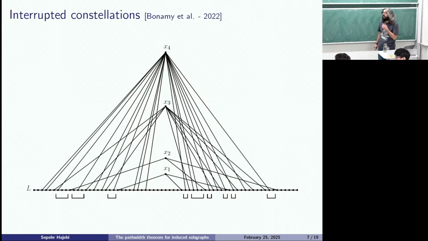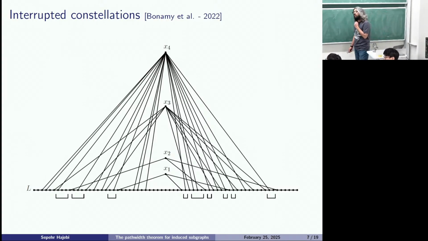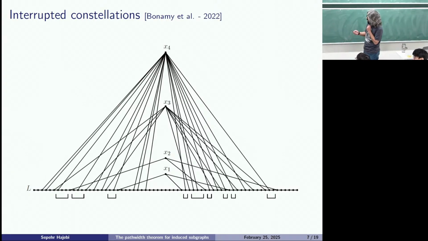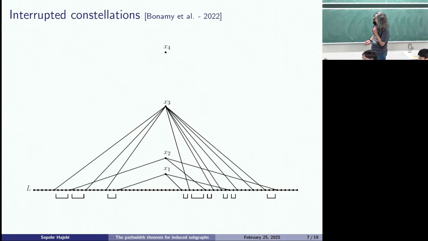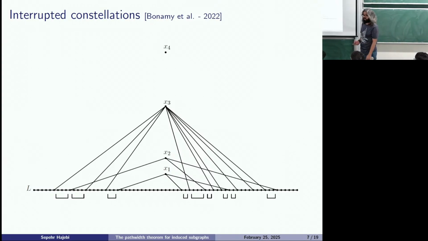So when you say this gap, for x4, you want to look for gaps involving x3 and other vertices, right? I'm thinking about the gaps between 2 consecutive neighbors of any 2 distinct vertices below. Oh, any 2. I see. Although it actually suffices to look at x3 and the others because of the property. Yes, because they've already been separated before by x2.